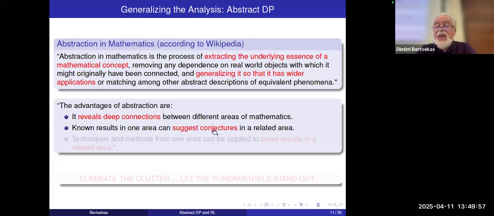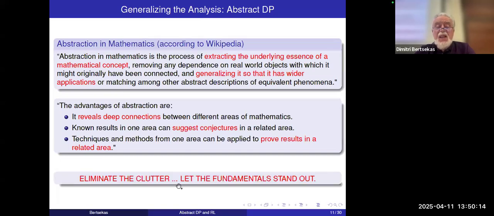Known results in one area can suggest conjectures in a related area. Techniques and methods from one area can be applied to prove results in a related area. All of this is very relevant to the ideas that I'm going to present. But the essence is to eliminate the clutter and let the fundamentals stand out. That's the approach.